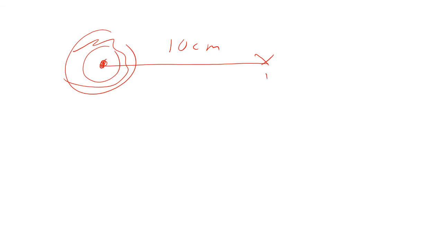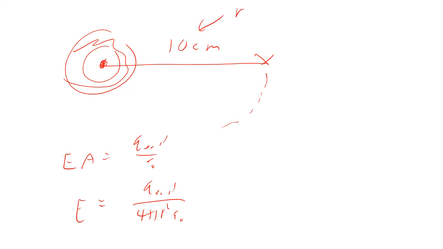Well, draw a Gaussian surface there. And so we know that EA is enclosed charge over epsilon. So E is basically going to be equal to enclosed charge over 4 pi r squared epsilon, where that's my r.